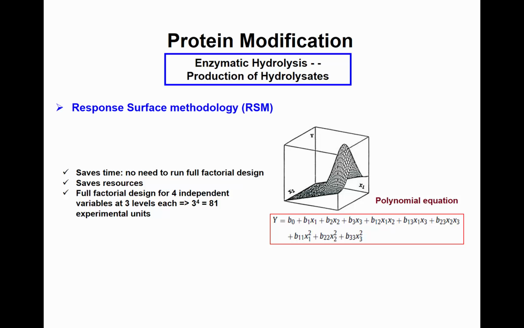And you want 3 levels, so you would end up having 81 different hydrolysates that you want to produce, times 3 for replication. 81 times 3 is 243, right? So that's a lot of hydrolysates.